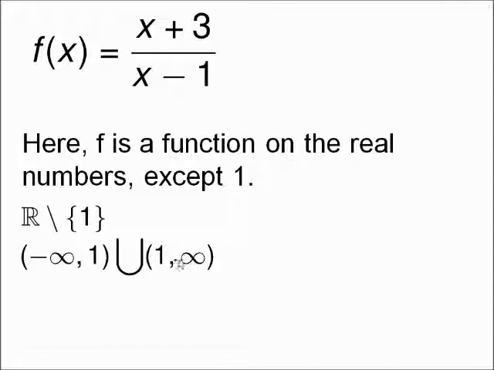So we can plug any of these numbers into the function. So this isn't a function on the real numbers. It is, however, a function on the real numbers minus 1, or you could say a function on the real numbers from negative infinity up to 1, not including 1, and then from 1 to infinity, again, not including 1. They both say the same thing. Basically, any number except 1.